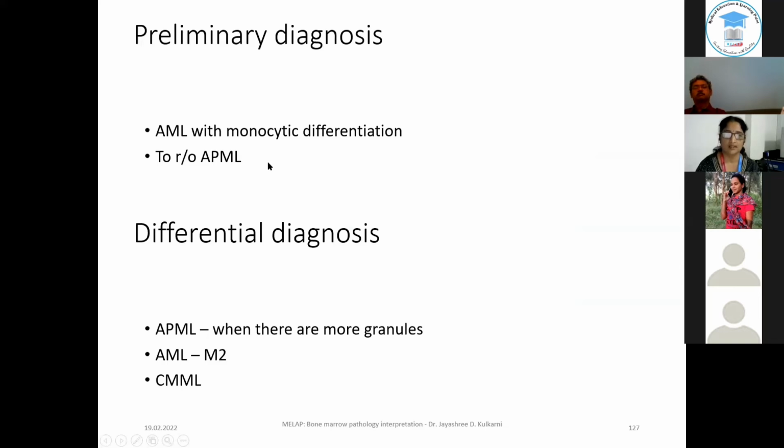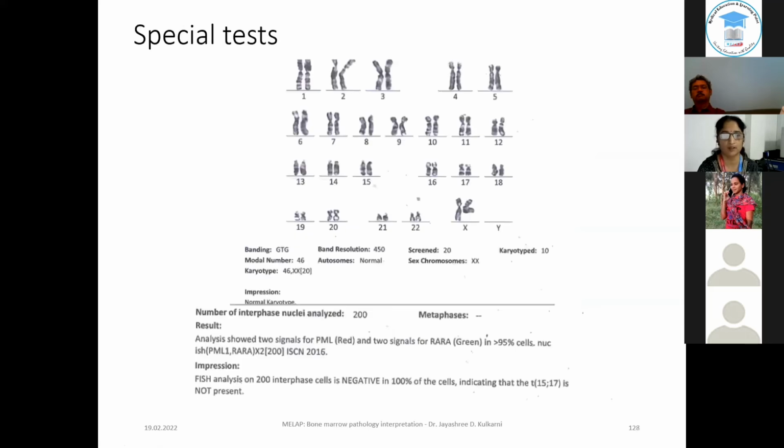So there are myeloid blasts and there are monoblasts and promonocytes. So this is an AML with monocytic differentiation. Again, a close differential will be acute promyelocytic, the hypogranular variant. You have to rule out M2, and sometimes there may be dysplasia wherein you should consider a possibility of CMML also.